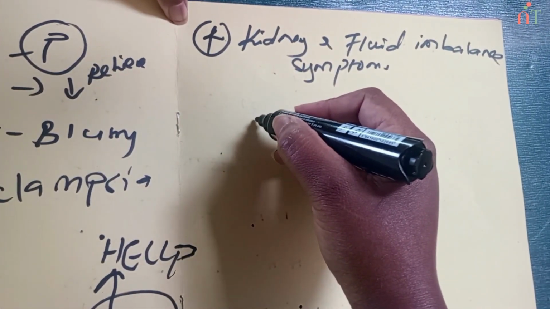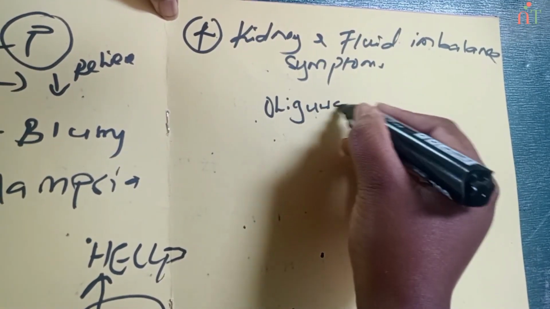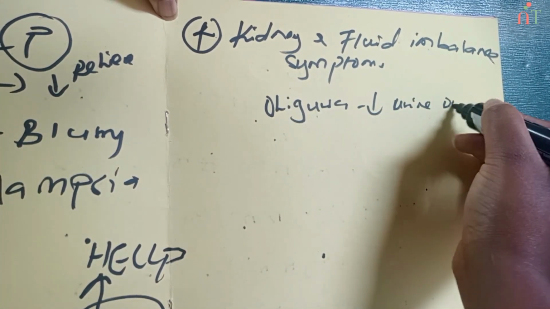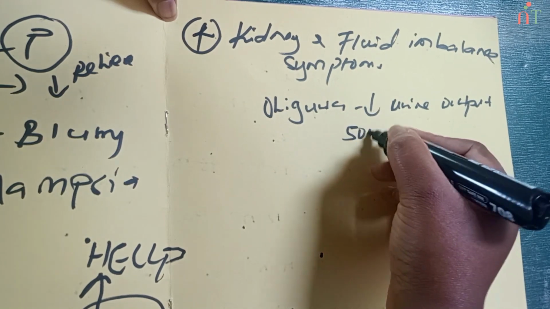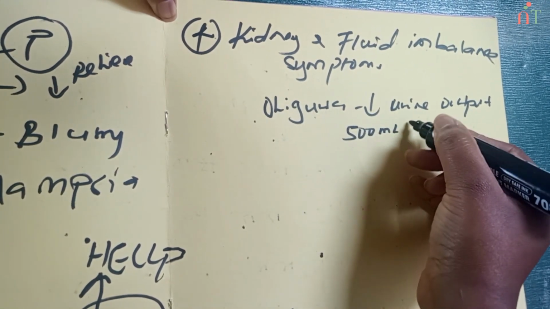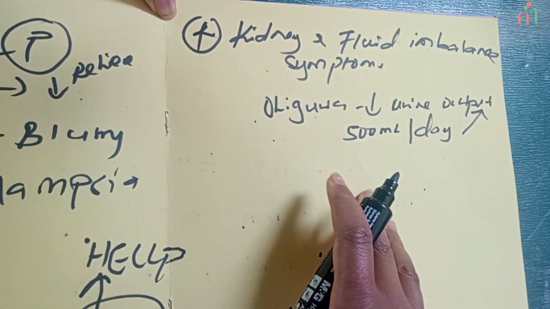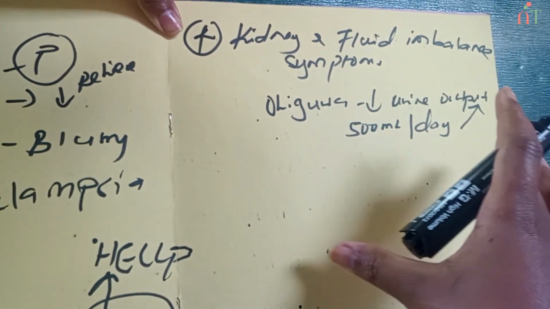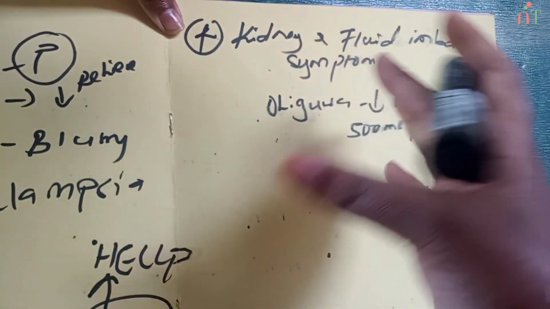If this person has oliguria, or decrease in urine output, I would say at least if they have less than 500 mLs per day of urine output, it's a symptom of preeclampsia, because this could indicate acute kidney injury from endothelial damage.